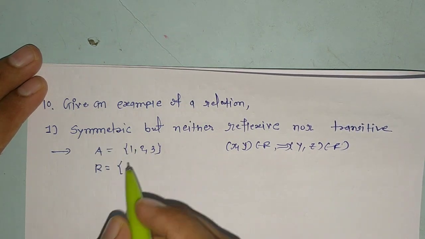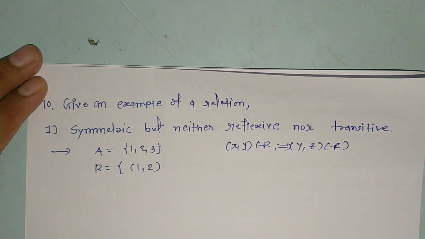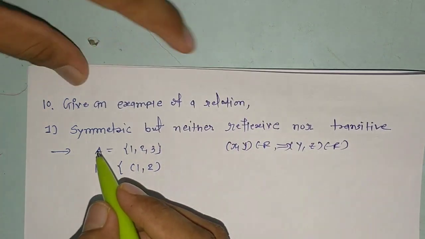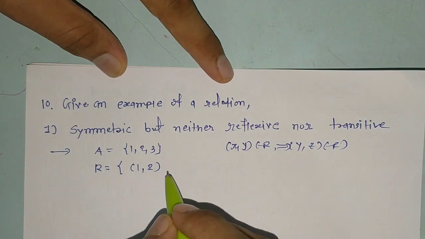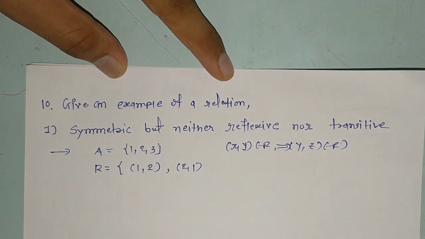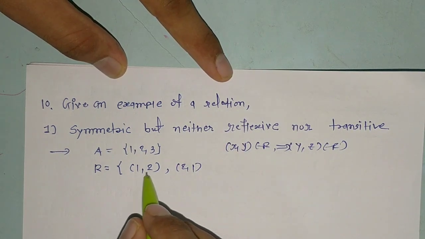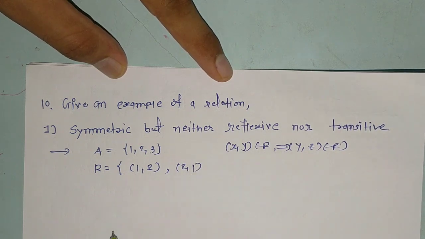Now let's take the pair (1, 2) in the relation. By the definition of symmetry, there must exist the pair (2, 1) in the relation. So for this pair there is a symmetric pair, and for that pair we have (1, 2).